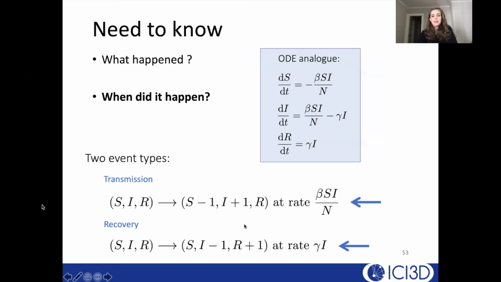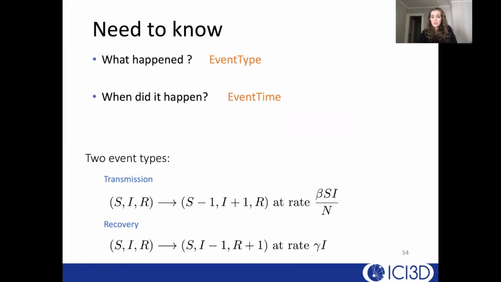And then for when did it happen, this will depend on the rates of the events. And again, as we saw in part 1, you can define these rates similarly to their analogous differential equations, where you have the hazard of infection, beta I over N, times the number of susceptibles S. And then for recovery, you have gamma I. So taking what happened and when did it happen, how do we decide what those values are actually?